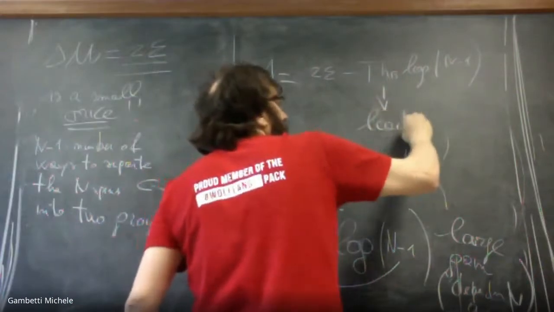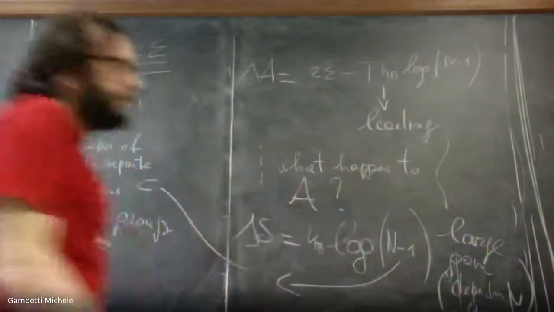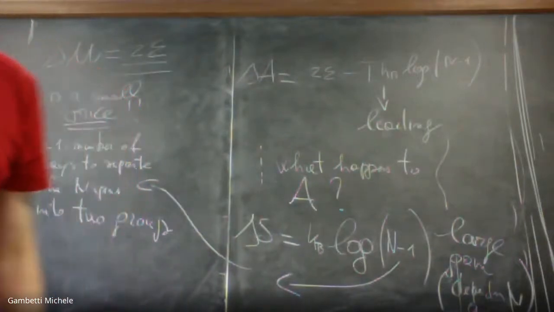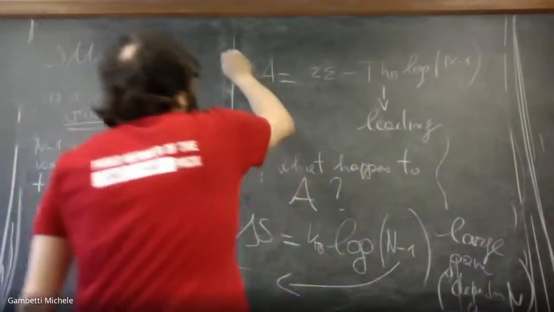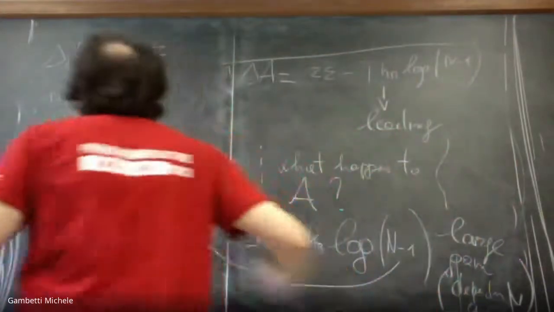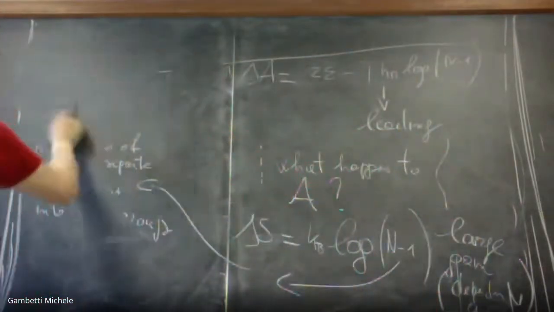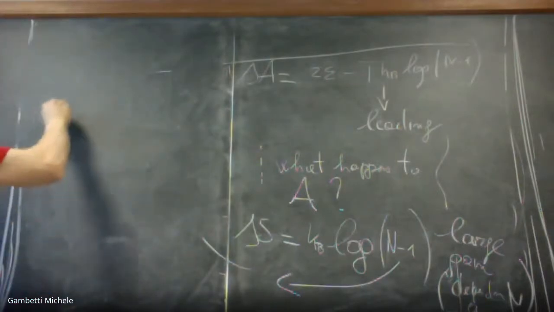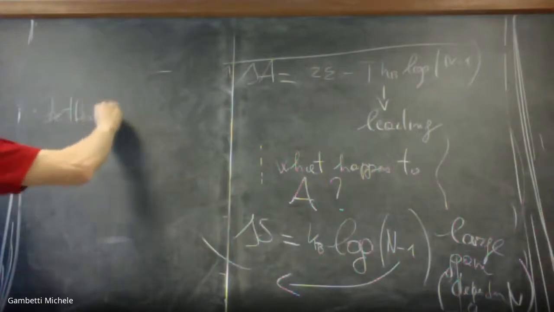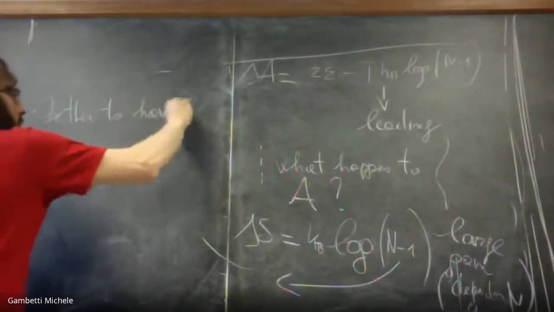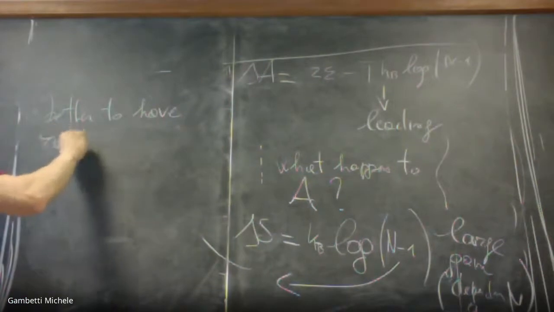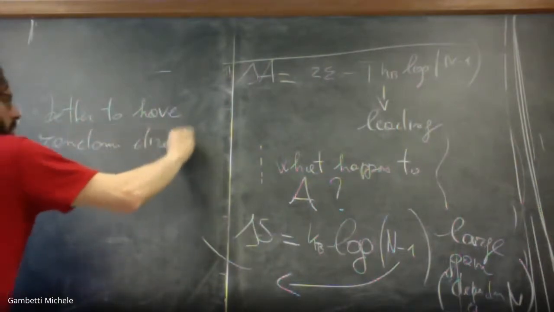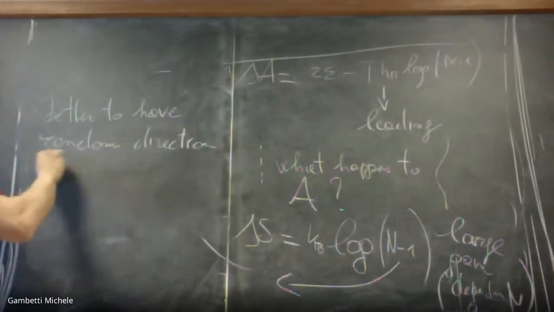This term is leading. Okay. Now this is the empirical explanation of the fact that it's better to have a random direction for spins.